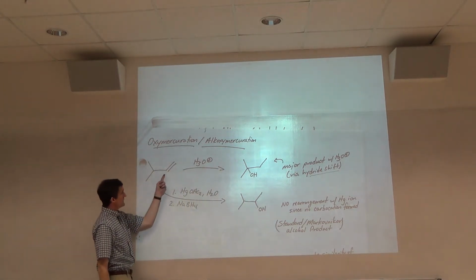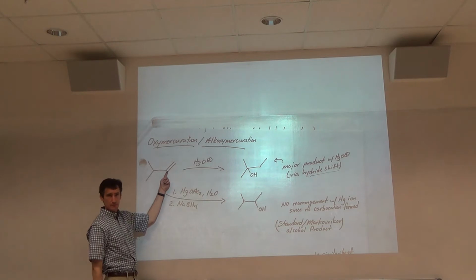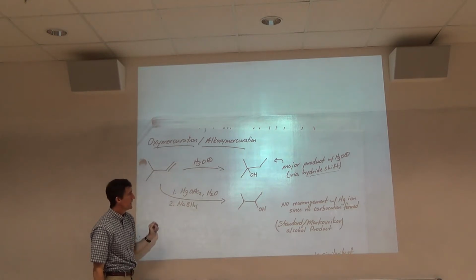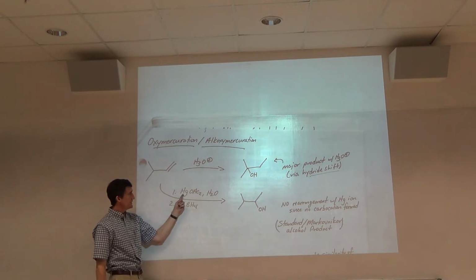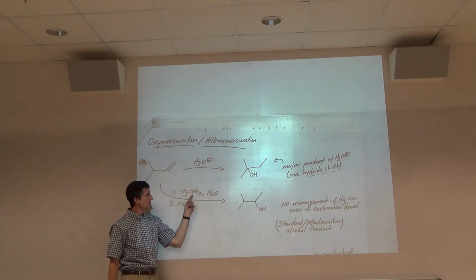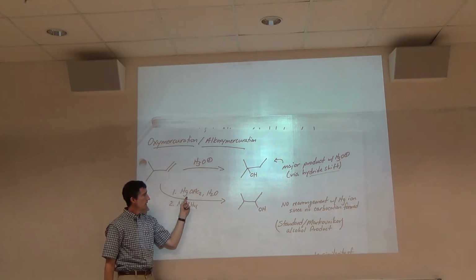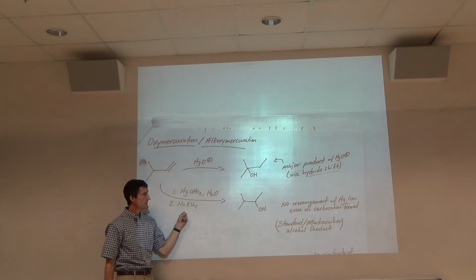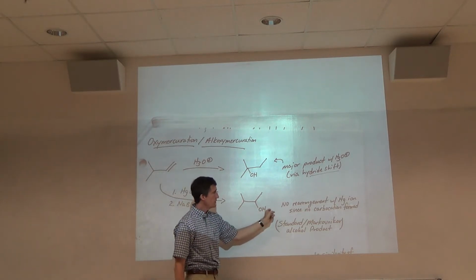What if you wanted the OH here without a rearrangement? You'd have to do it by different reagents. That's going to rearrange. But if you do it with these reagents called oxymercuration, first mercury acetate with water, and then a second step, sodium borohydride, we can get this product, no rearrangement.